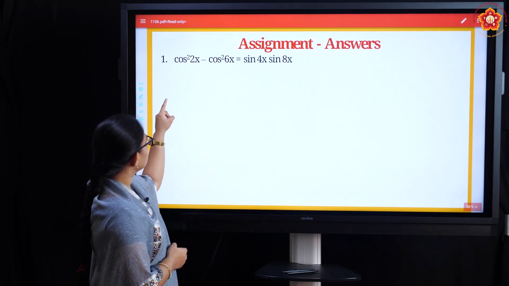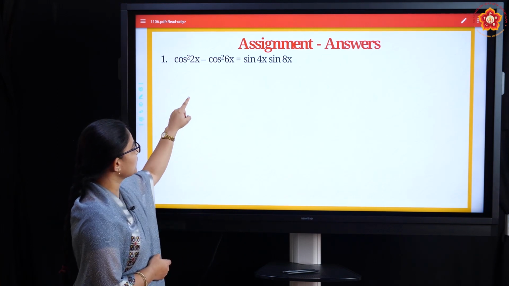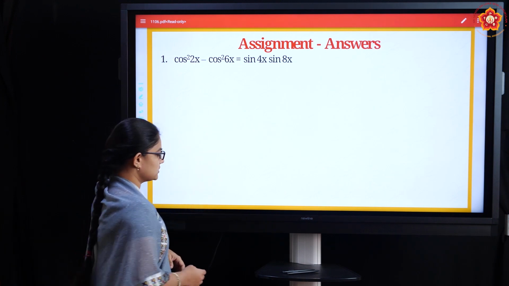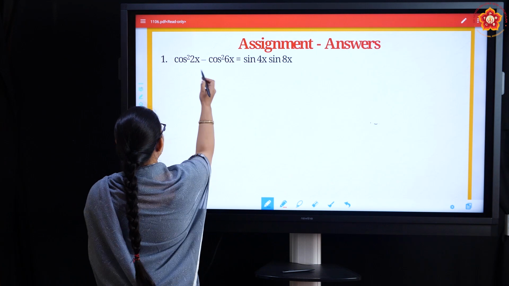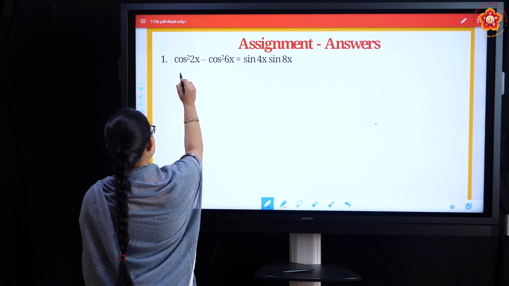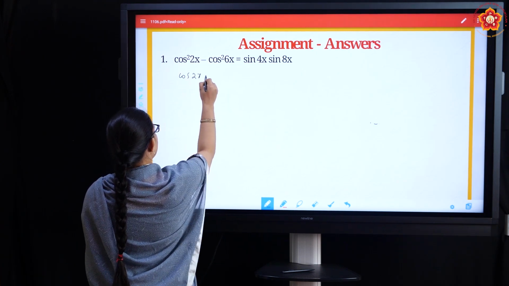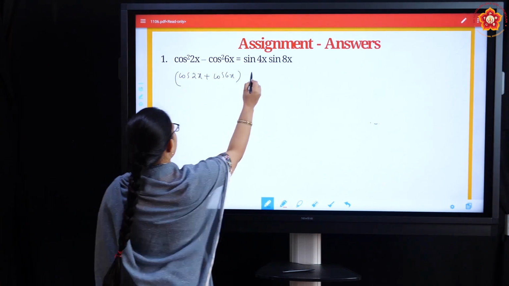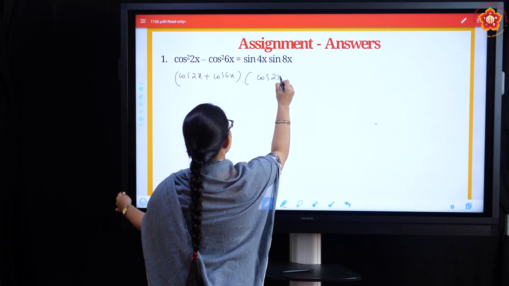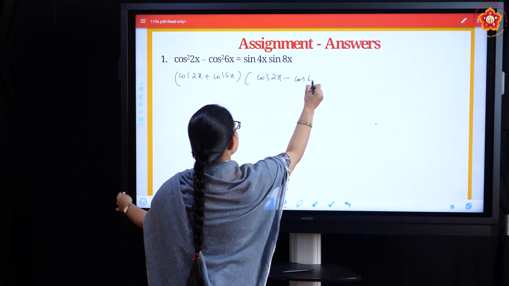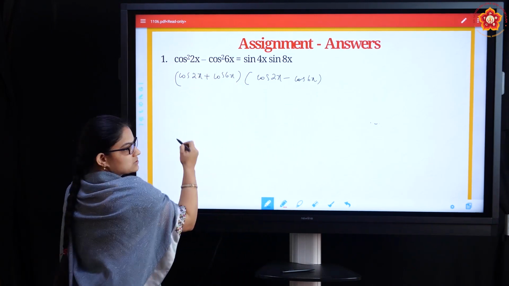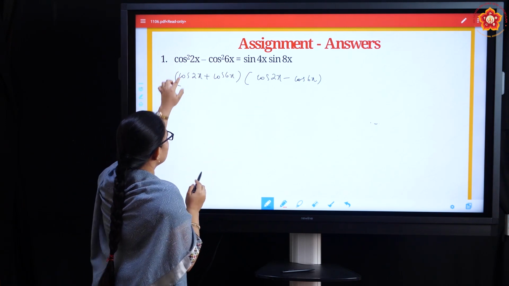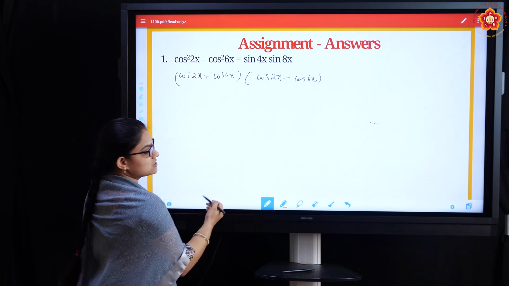Prove that cos square 2x minus cos square 6x is equal to sin 4x into sin 8x. Cos square 2x minus cos square 6x can be written as cos 2x plus cos 6x into cos 2x minus cos 6x, because a square minus b square is a plus b into a minus b, where a is cos 2x and b is cos 6x.